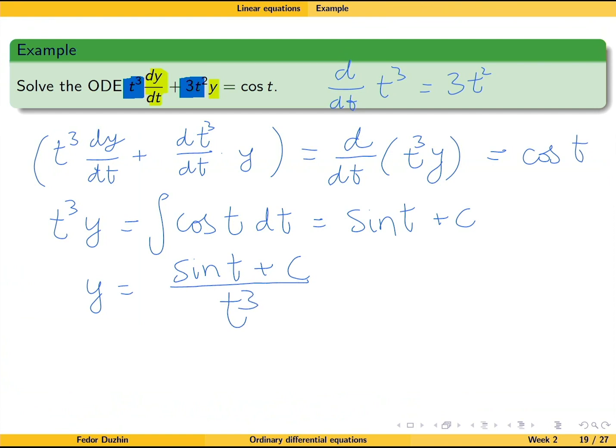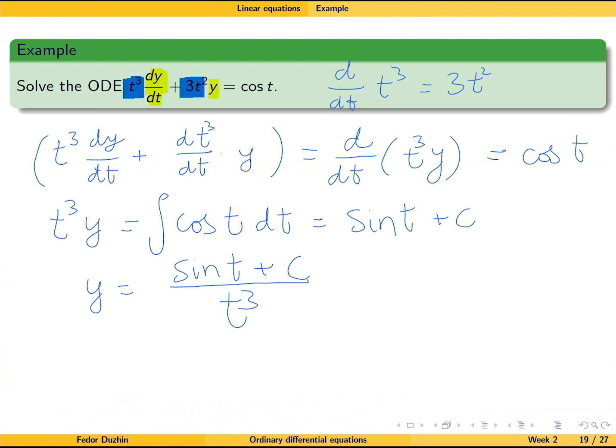So now notice that unlike separable differential equations, here all the steps are completely rigorous, and from the steps it is absolutely clear that by doing this we found all solutions of this differential equation.